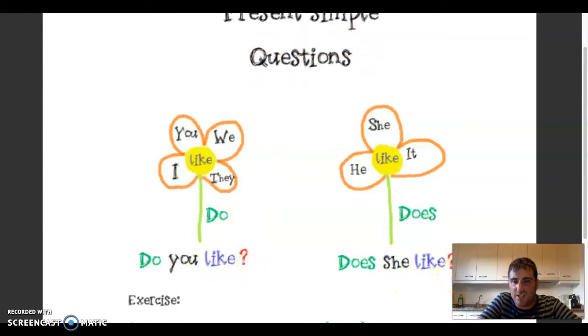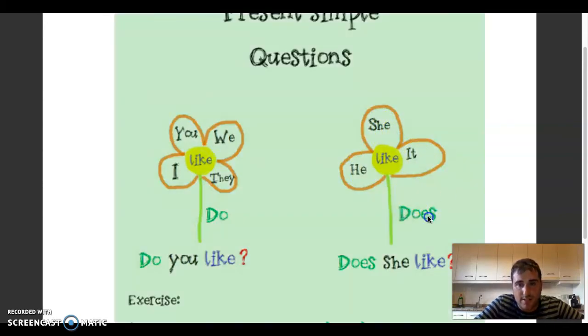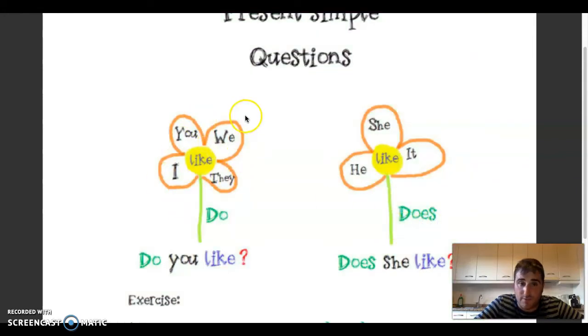Remember that in English, we don't open the question, we only close it. It happens exactly the same in Catalan. The only language where we open the question mark and close it is Spanish. Remember that with he, she, and it, there is something special going on. We must use does, and with the rest of the subjects, I, you, we, and they, we use do.